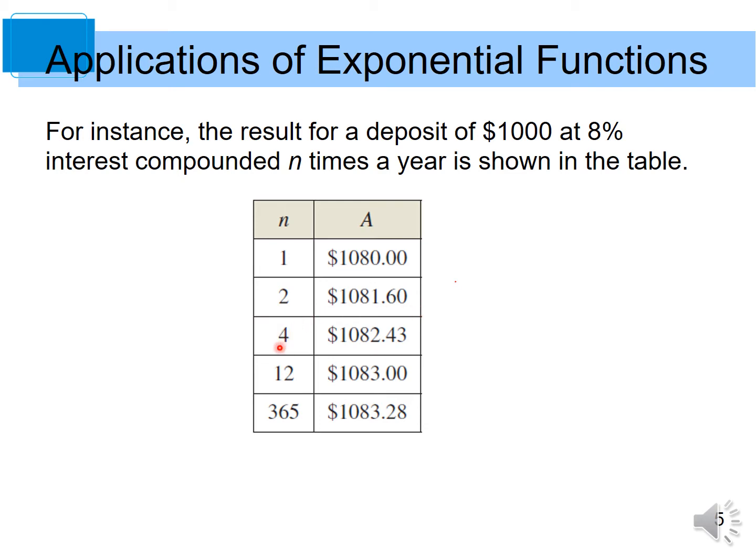And if the interest is compounded 4 times, meaning quarterly, the total balance after a year will be $1,082.43, and so on.